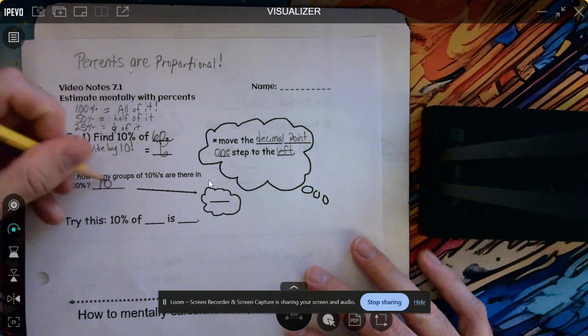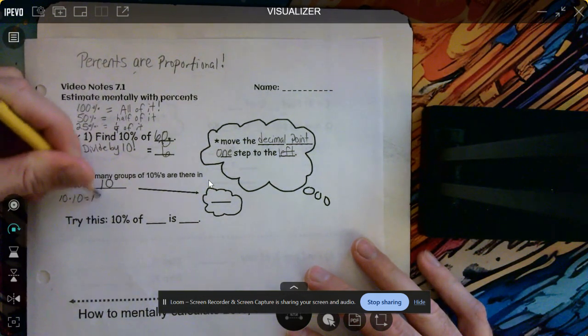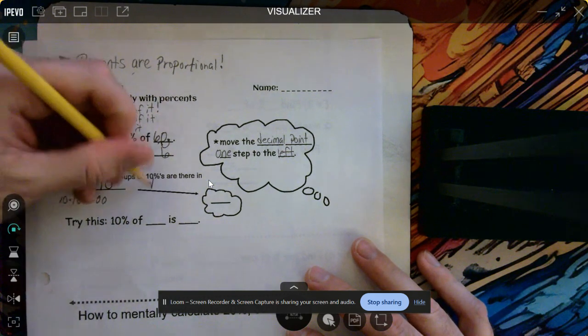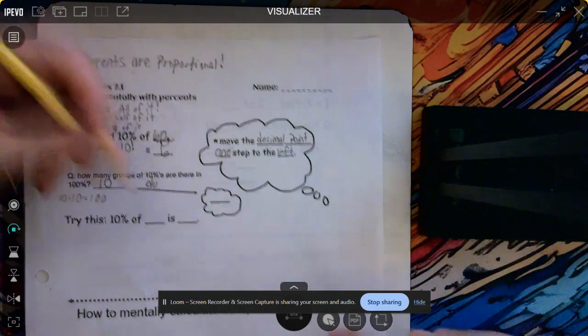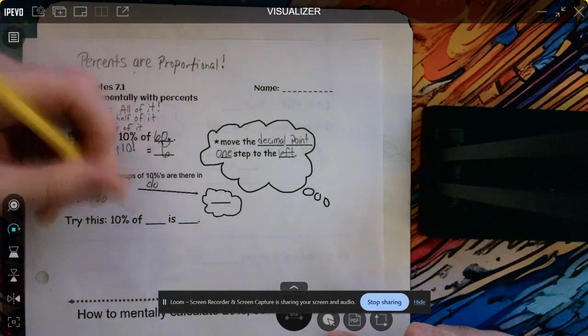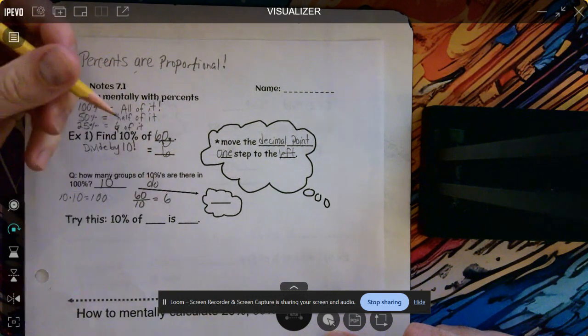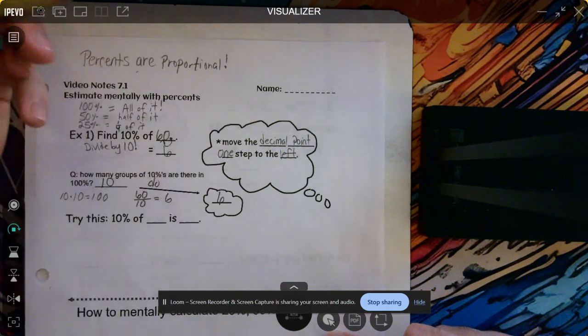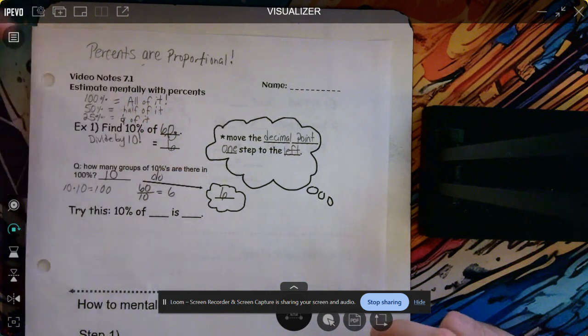Well, of course, there's 10 groups of 10, because 10 times 10 is 100, right? So thinking back to our 10% of 60 problem, all we have to do is do 60 divided by 10, which is 6, right? So that's what we did here. We just moved the decimal place 1 to the left, which is also the same as dividing by 10.